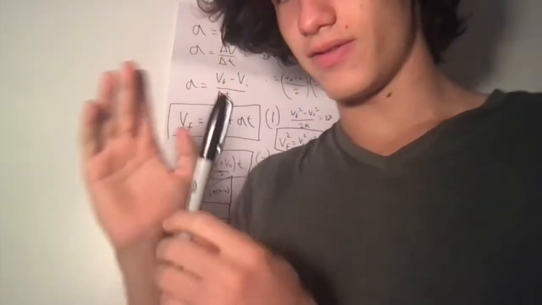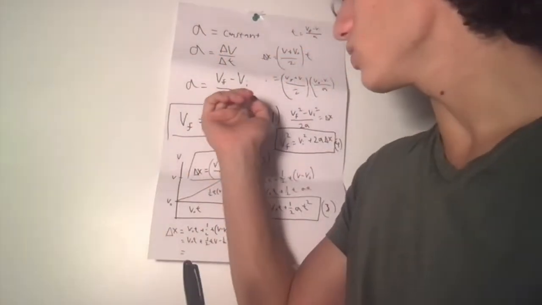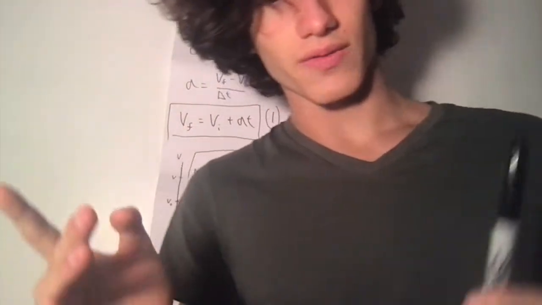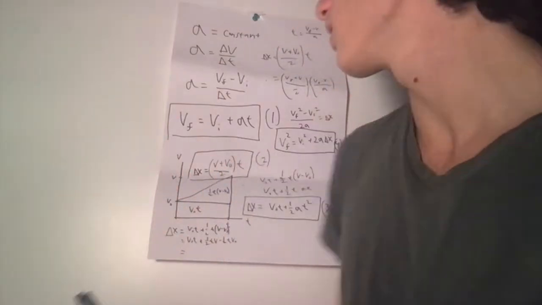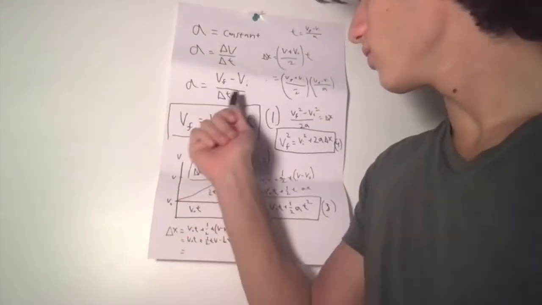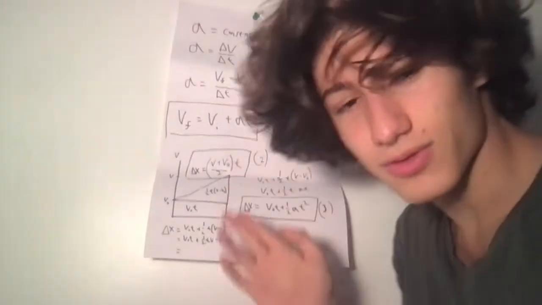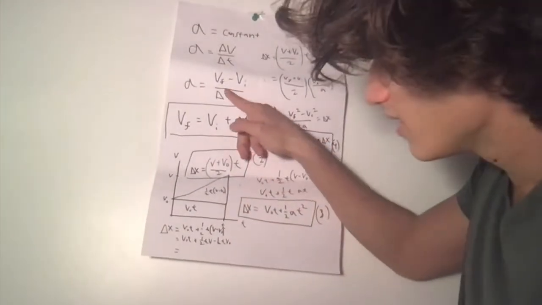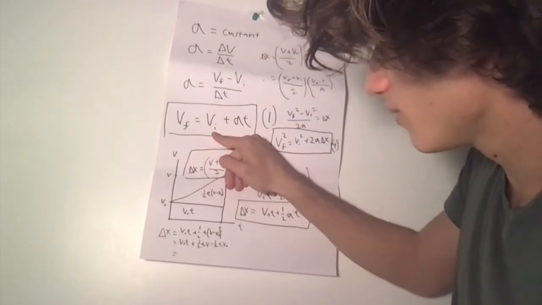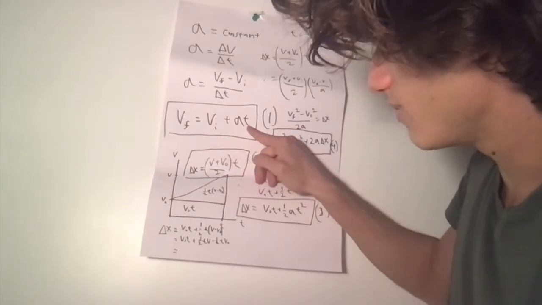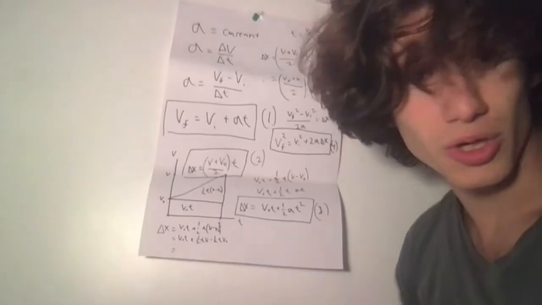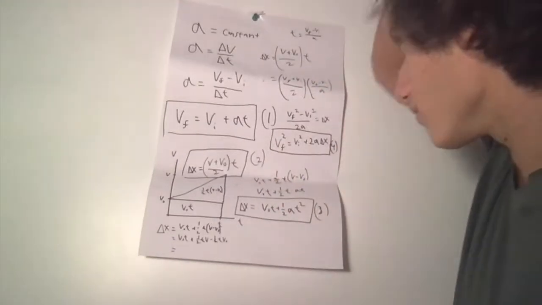So v final minus v initial is how much the velocity has changed, and that's over time. The first equation is very easy because we just rearrange that a little bit and we get that v final is equal to v initial plus acceleration times time. There we go. That's our first kinematic equation right there.